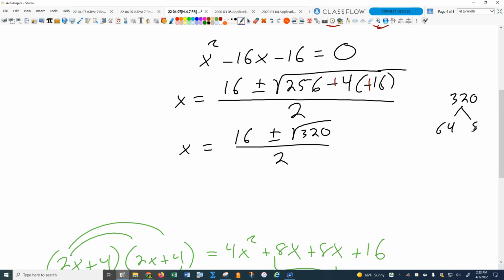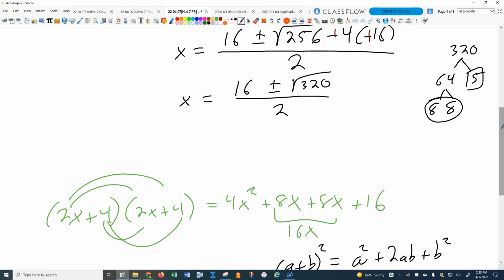Yeah, it is. Okay. So 64 gives me a couple 8s, and I got a single 5, right? So I'm getting x equals 16 plus or minus 8 times the square root of 5, all over 2.